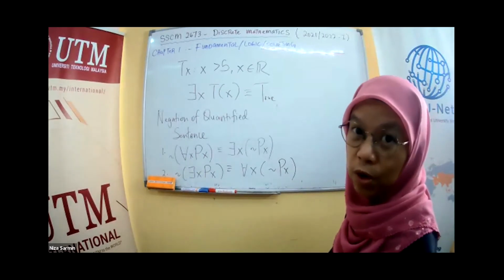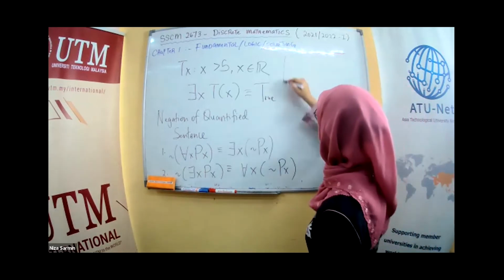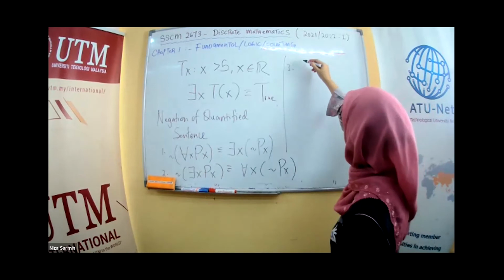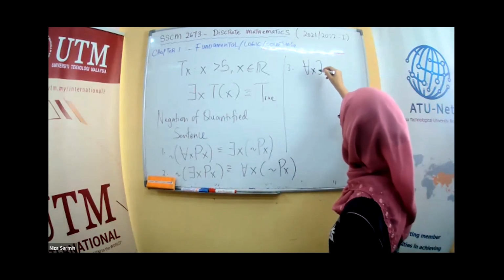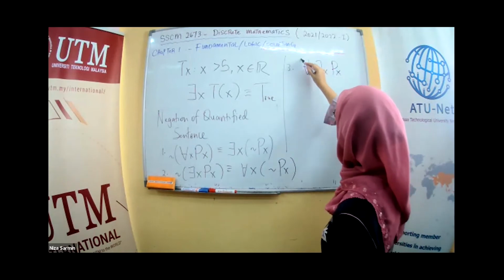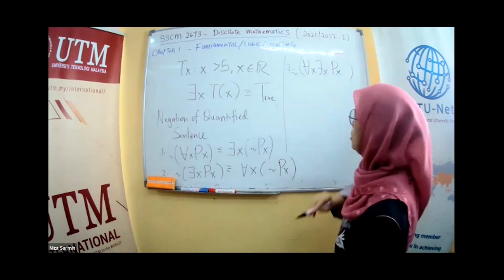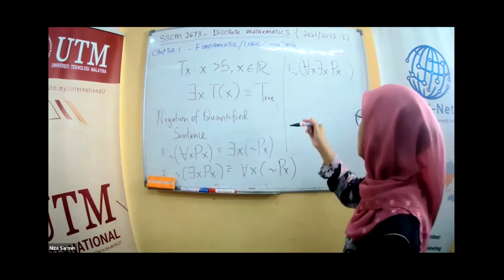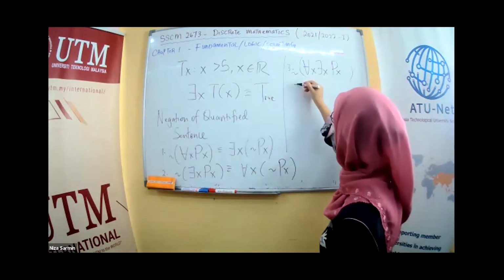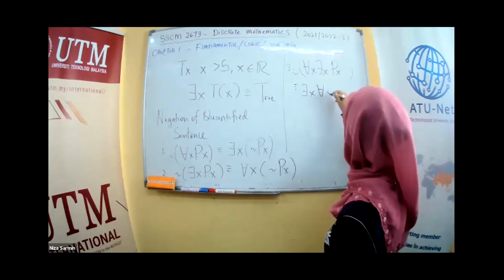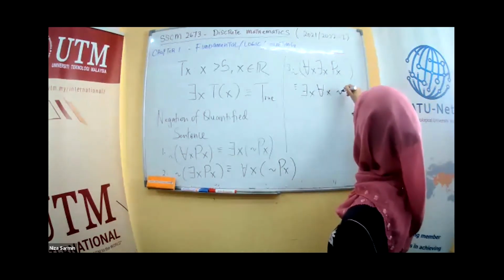What if you have both? For all x, there exists y, Pxy, then you have the negation. So you bring the negation here, you have this. You bring here, you have this. And you bring here, you have this.